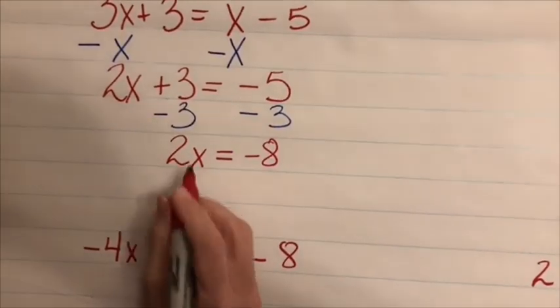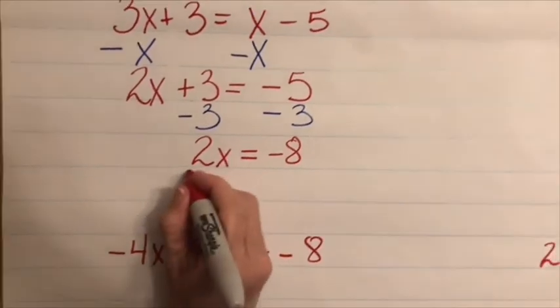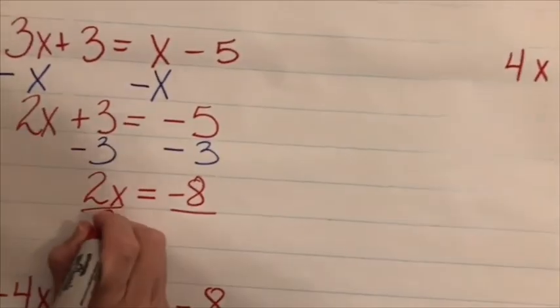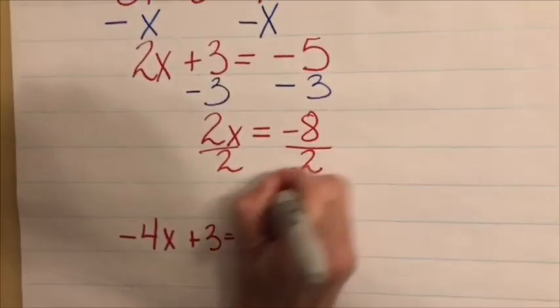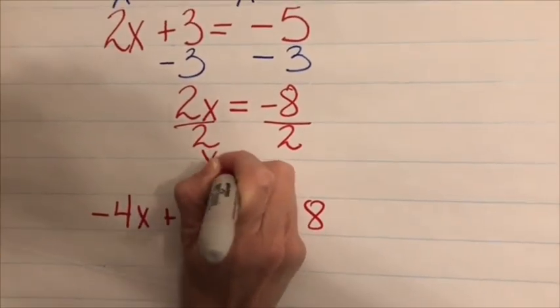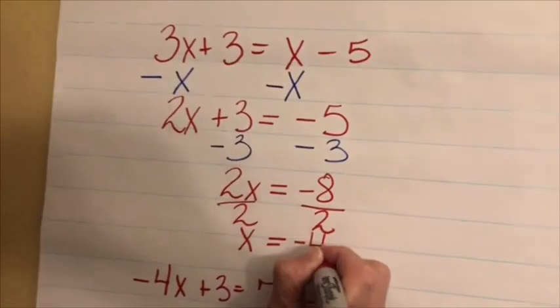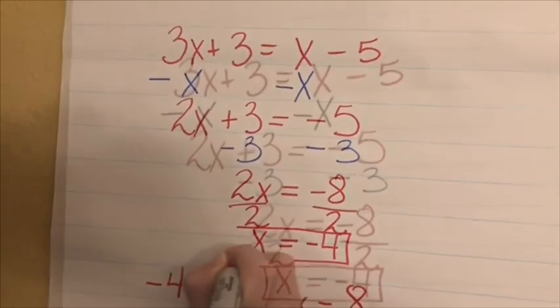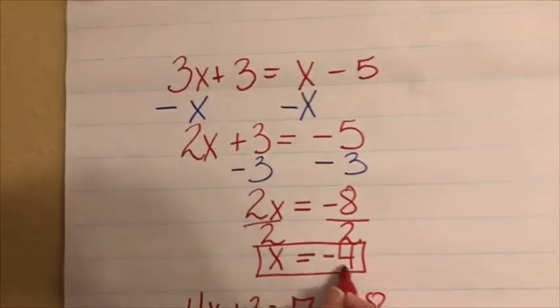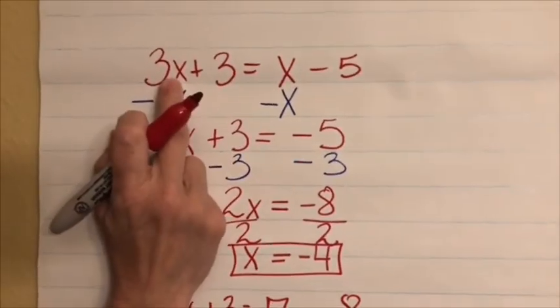I can figure out what x is now by dividing both sides by 2. So I find that x equals negative 8 divided by 2, which is negative 4. If I wanted to check this, I would just put a negative 4 in for x.